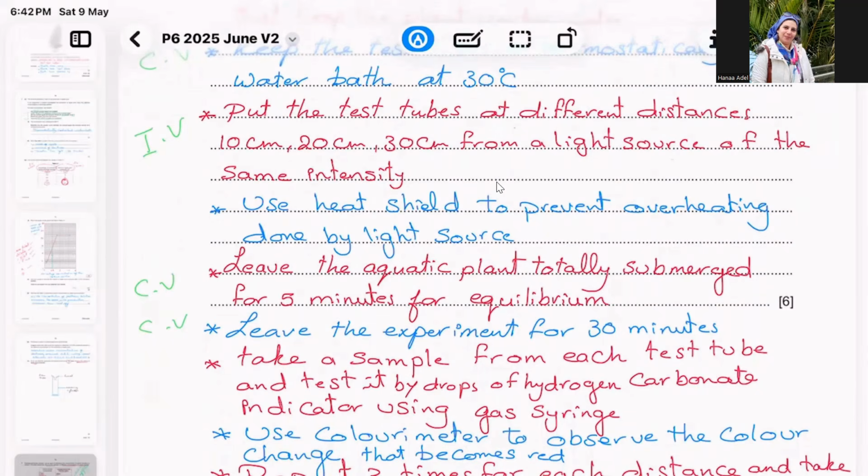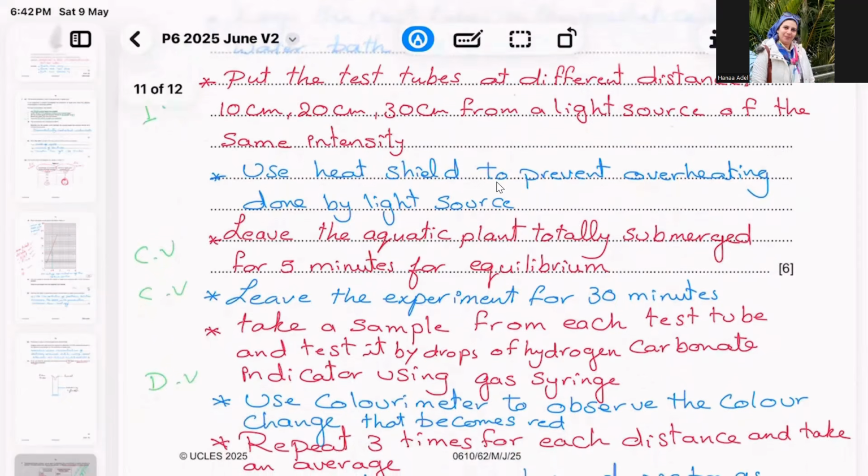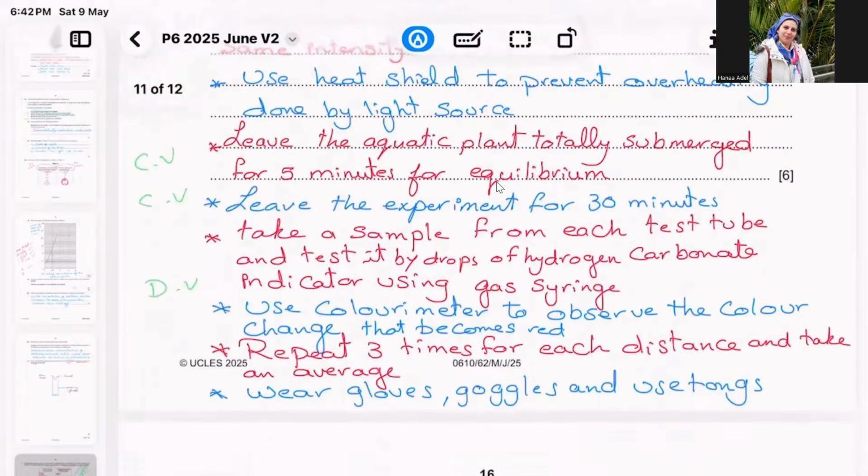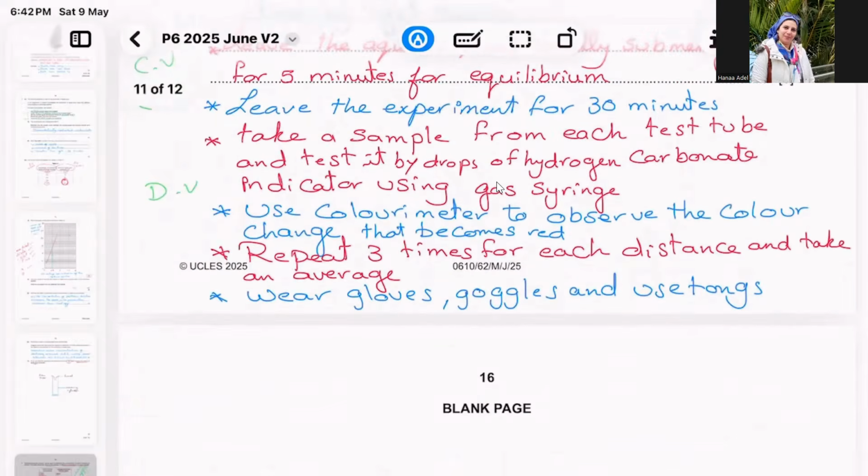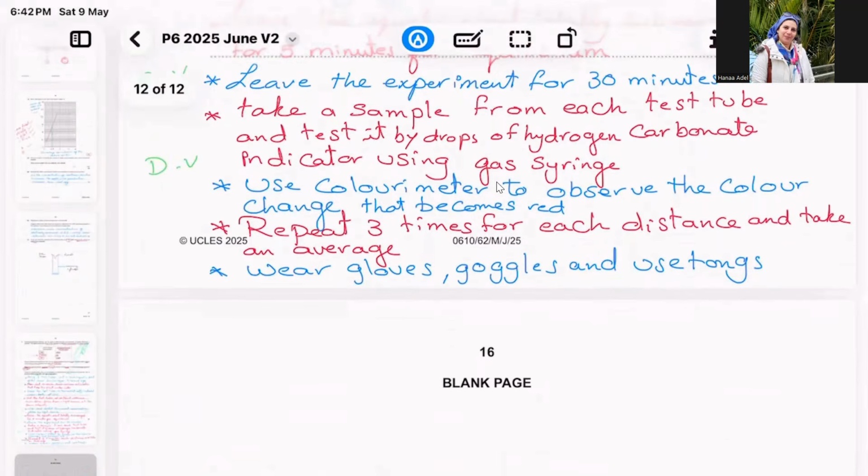This is at the end. This is the dependent variable. And with its improvement, you have to repeat it at least 3 times for each distance and take an average. And finally, with the safety precautions, you have to wear gloves, goggles, and use tongs.